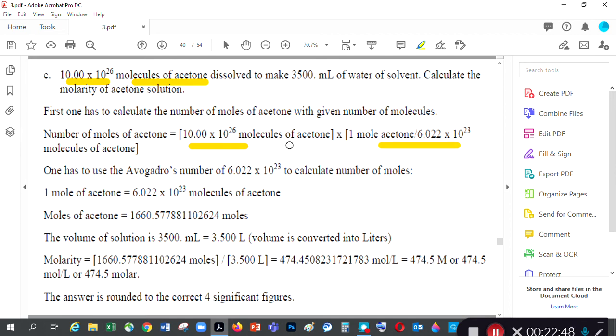The molecules cancel out, and you end up with the value of the moles as 1,660 moles. The volume has to be converted into liters, it's 3.500 liter. So then you divide the number of moles by the number of liters. Rounding off, you end up with the answer, 4 sig figs, 474.5 molar.